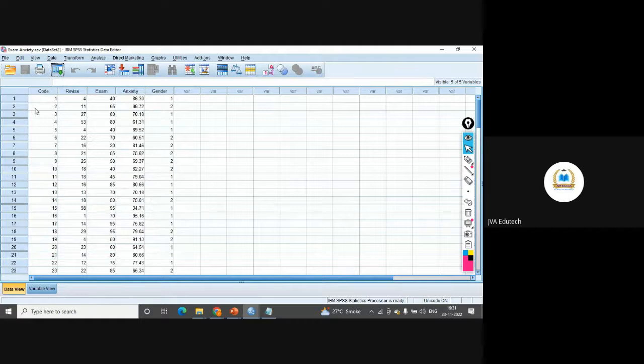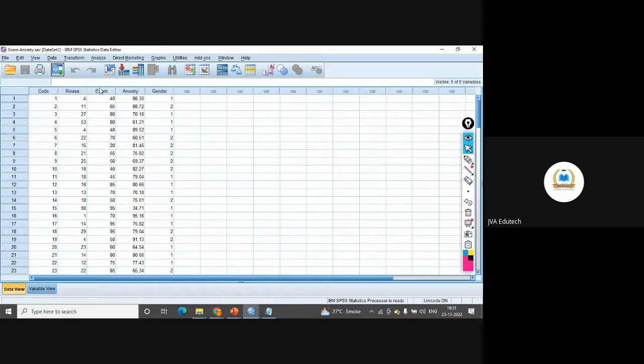So this is my data set, and having five variables, we will be focusing on these three variables. We have taken the time spent revising by a student, which is a continuous variable, their exam score, which is again a continuous variable, and their anxiety score, which is again a continuous, or metric variable.